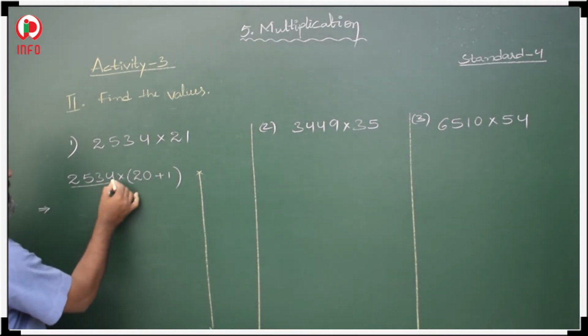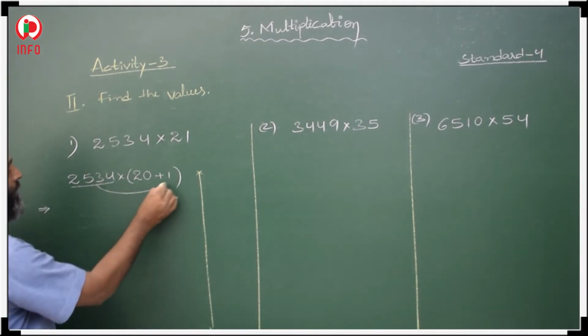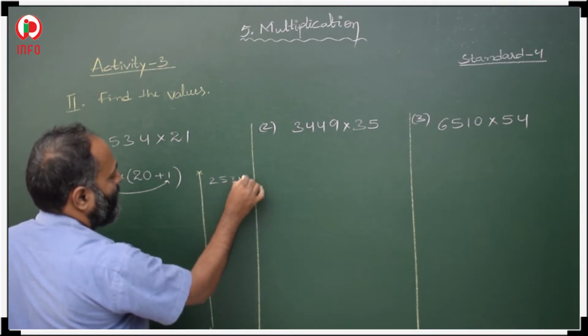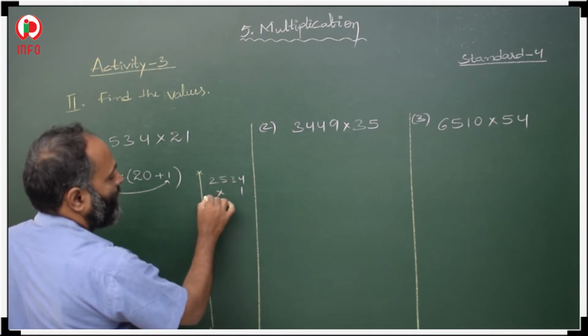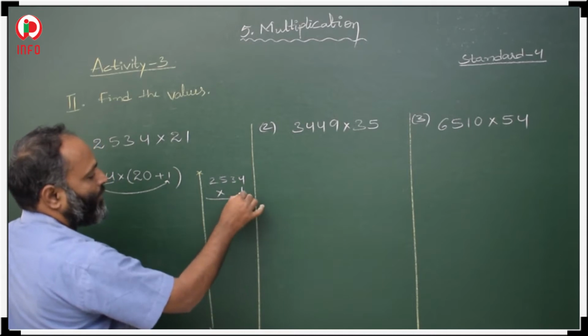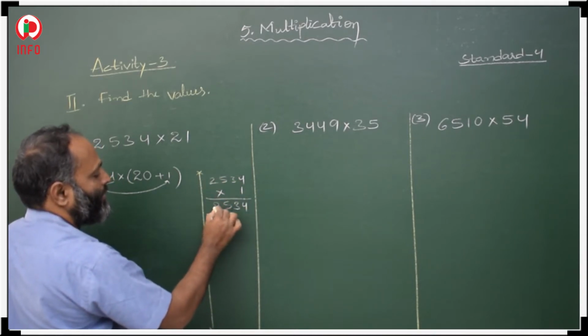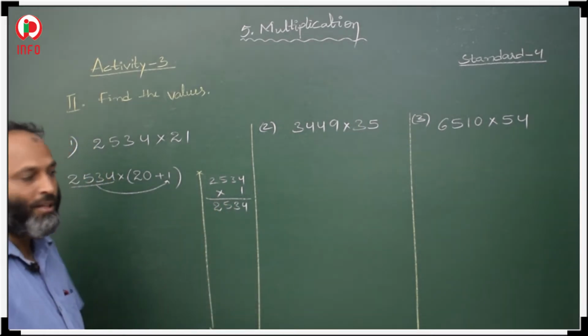Now we have to multiply 2534 with 1: 1 4 za 4, 1 3 za 3, 1 5 za 5, 1 2 za 2, 2534.